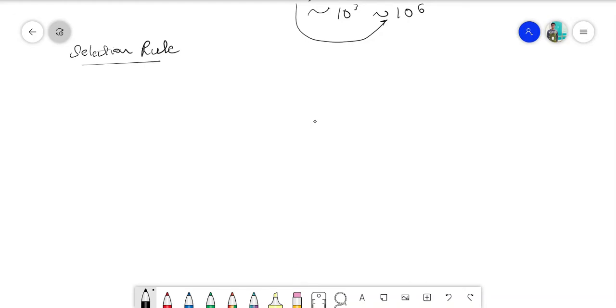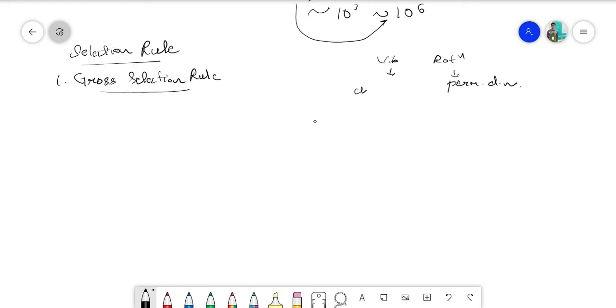So let's start with what is known as the gross selection rule. In comparison to vibration and rotation, rotation needed a permanent dipole moment. Vibration needed a change in dipole moment, even if there is no permanent dipole moment. But there are no such rules for electronic spectroscopy.